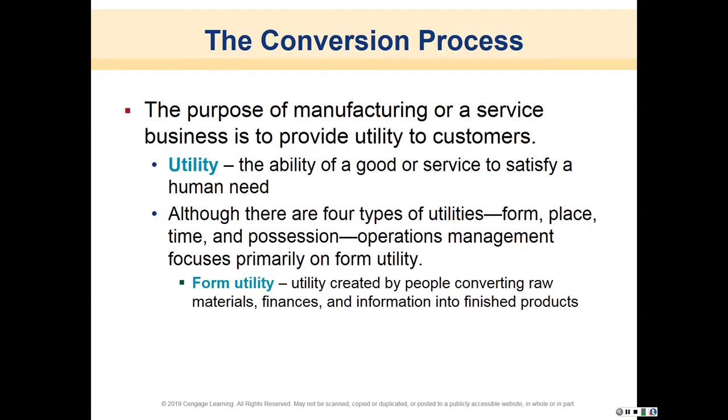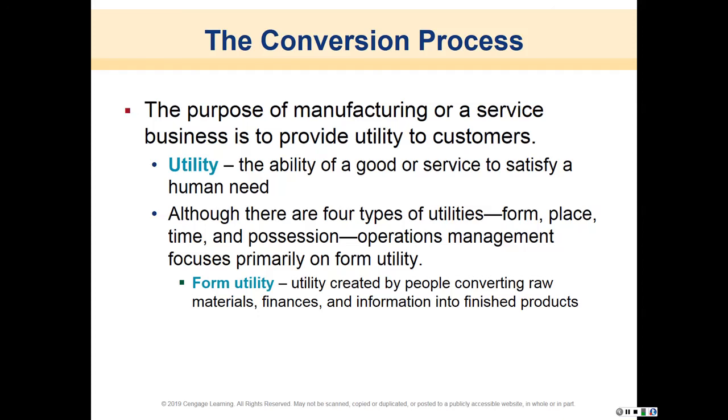It wouldn't help us if they said, "Oh yeah, we've got a pair, but they're in California." We needed them in Duluth, so it has to have place. We need it at the right time. We have it in California, we can get it here by Wednesday. Well, we need it now.